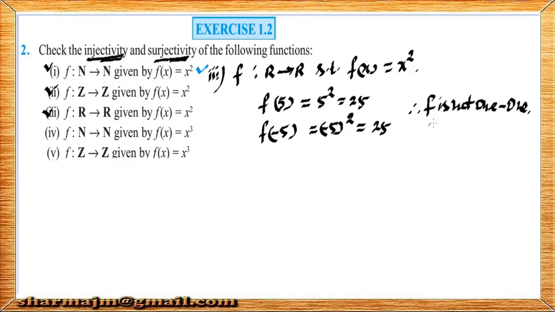Okay, this function is not 1 to 1, it is many to 1. Now here, the range of this function is non-negative, 0 and greater than 0. Okay, f of x is x square.